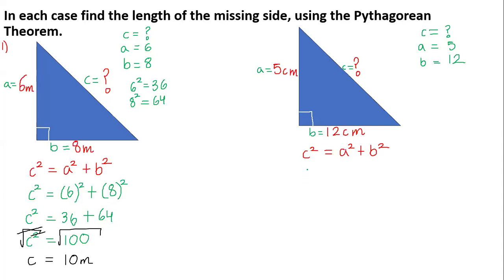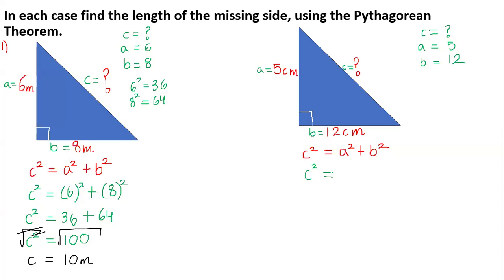So we have C squared. Shemaya, where are you? Where's Shemaya? Sorry, my volume keeps cutting in and out.